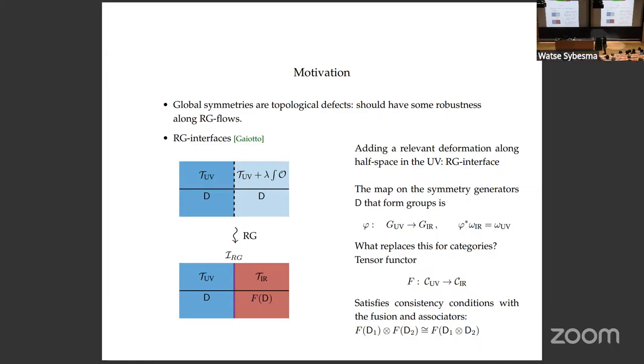So for categories, what we're proposing as the replacement is that there needs to be between these two categories a particular type of map which has to satisfy consistency with the composition of defects and various other consistency conditions, and mathematically it's called a tensor functor. So RG interfaces should correspond to tensor functors. When you have a UV theory and an IR theory, and you go with your topological defect through this RG interface, D maps to F of D.